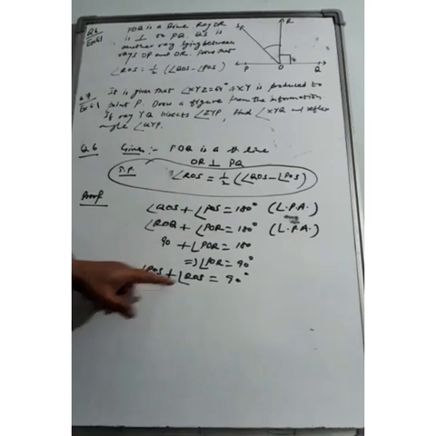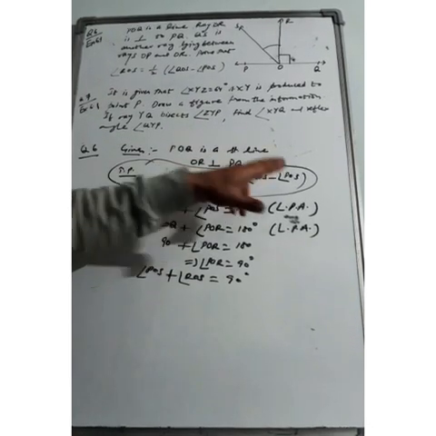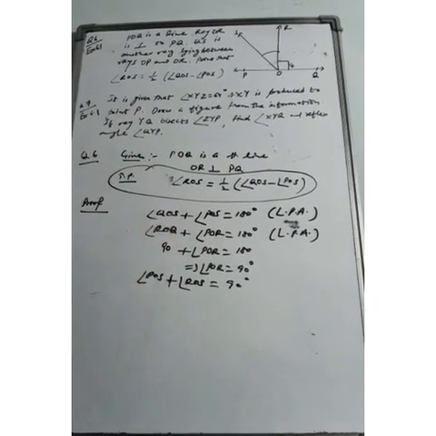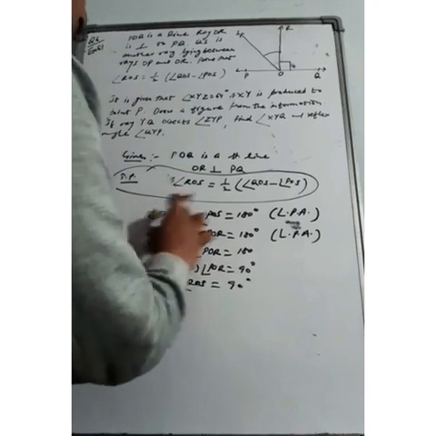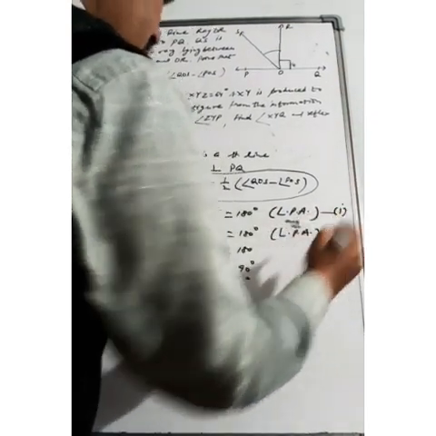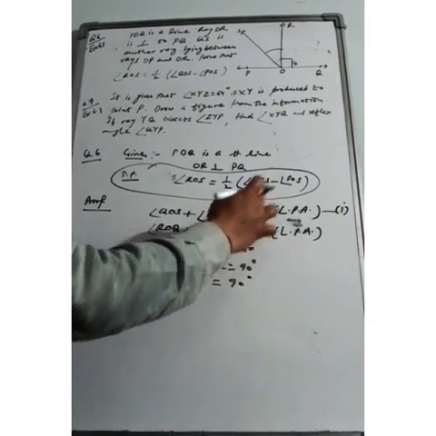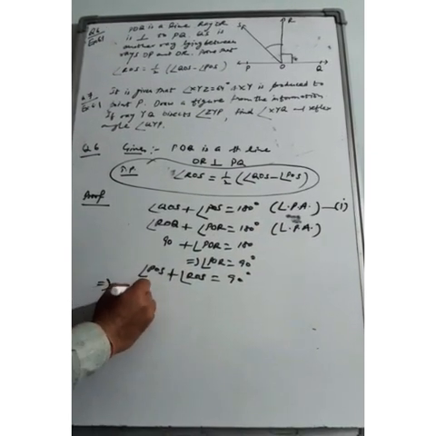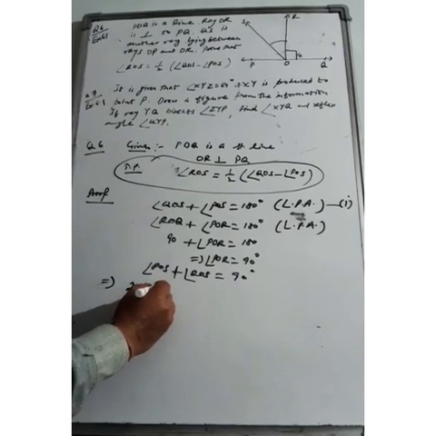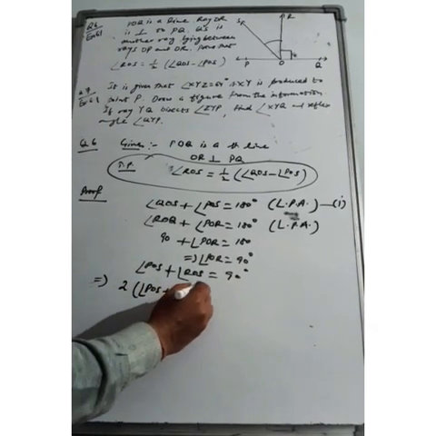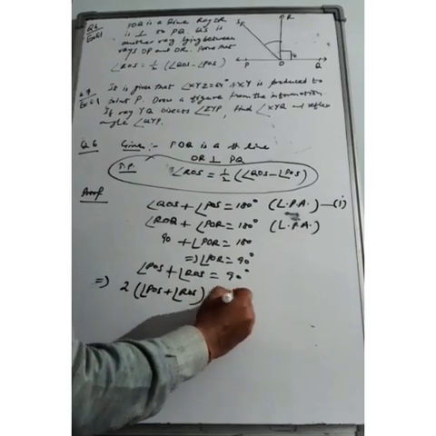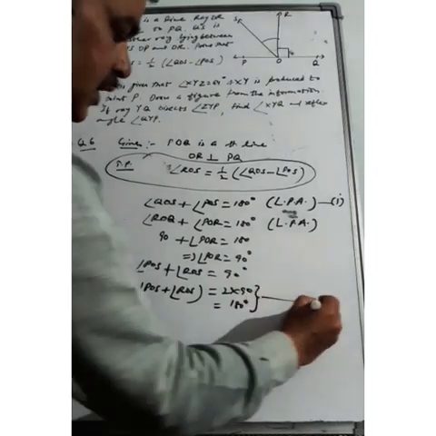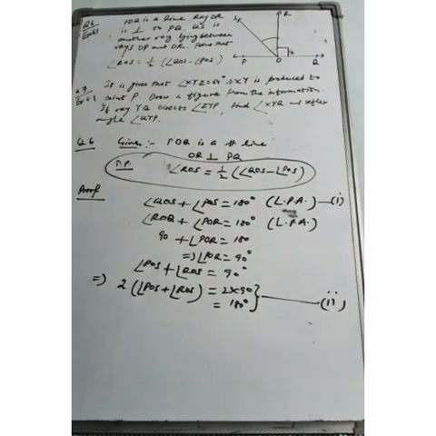This is my need: ROS I need here, POS is again a part of what I need to prove, and QOS I have already taken in result number 1. QOS plus POS, give it number 1, is 180 degrees. You can also make this 180 degrees by multiplying both sides by 2. So twice of POS plus ROS will be equal to twice of 90 degrees, which is 180 degrees. Take this as equation number 2.